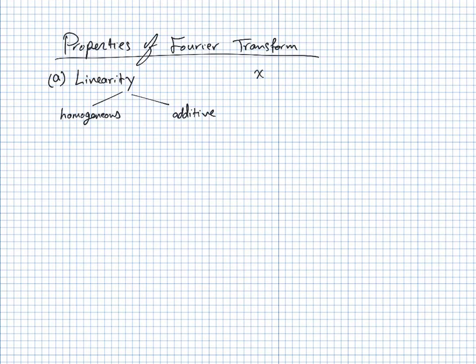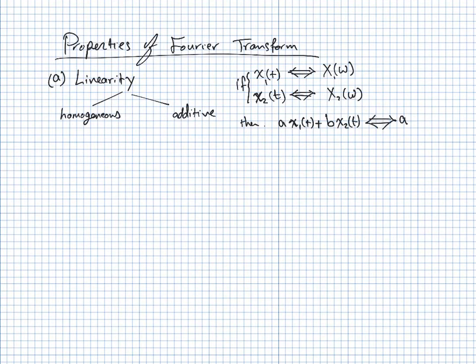If x1 of t has a Fourier transform x1 of omega, and x2 of t has a Fourier transform which is x2 of omega, then a x1 of t plus b x2 of t is going to have a Fourier transform which is basically a multiplied by the Fourier of the first plus b multiplied by the Fourier of the second.